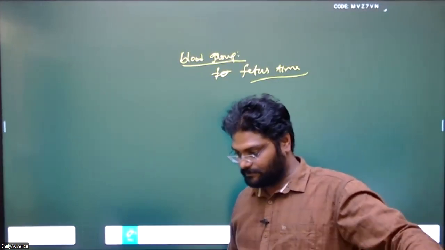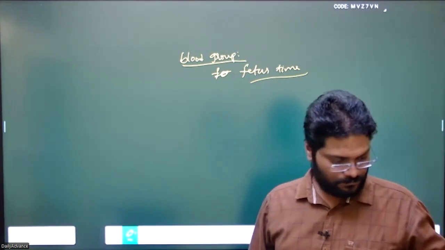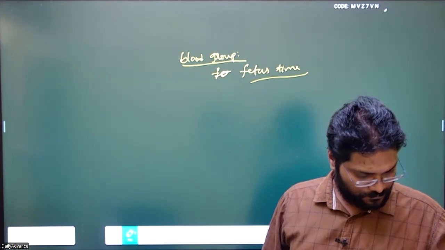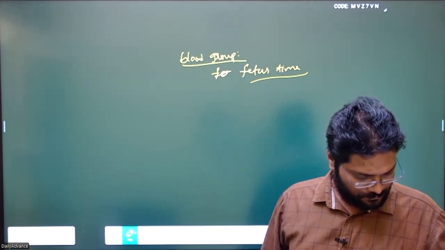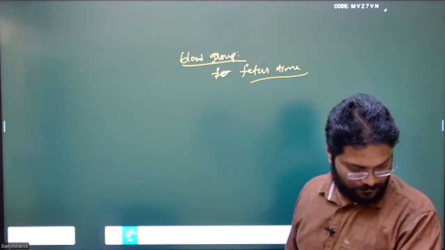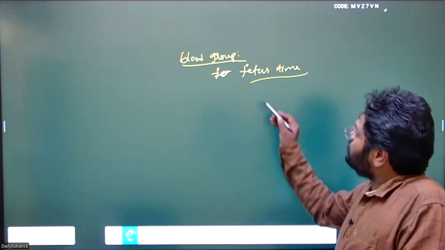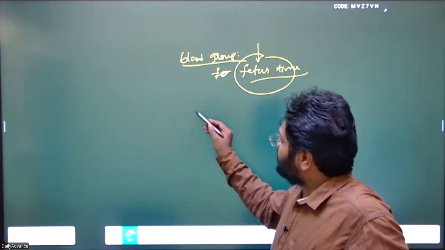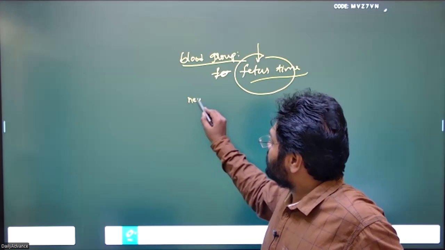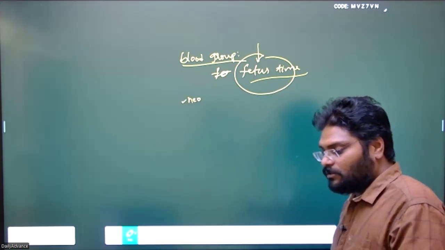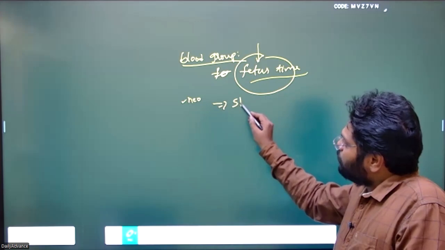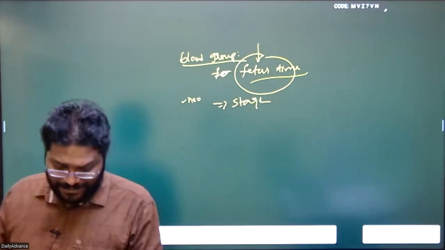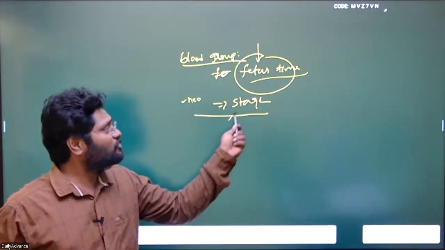So blood groups come into being during the fetus time, and even after birth, neonatal time, infancy, childhood, whatever the stage, whatever the environment, even diseases, nothing brings change in the blood group.